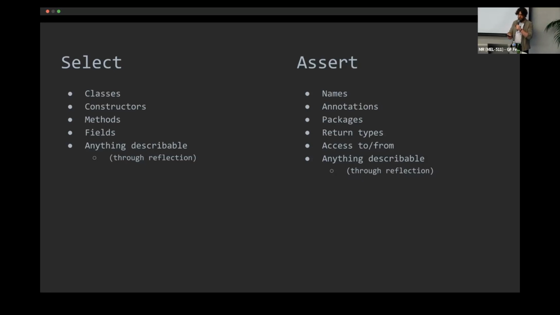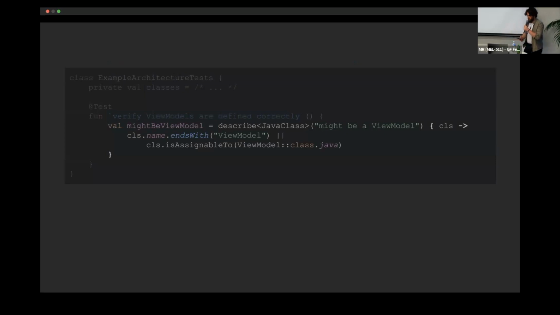So to write this test with a more generic syntax that doesn't quite follow that DSL approach, we can start off by creating what is called a described predicate. A predicate is essentially a function that takes an input and returns true or false.